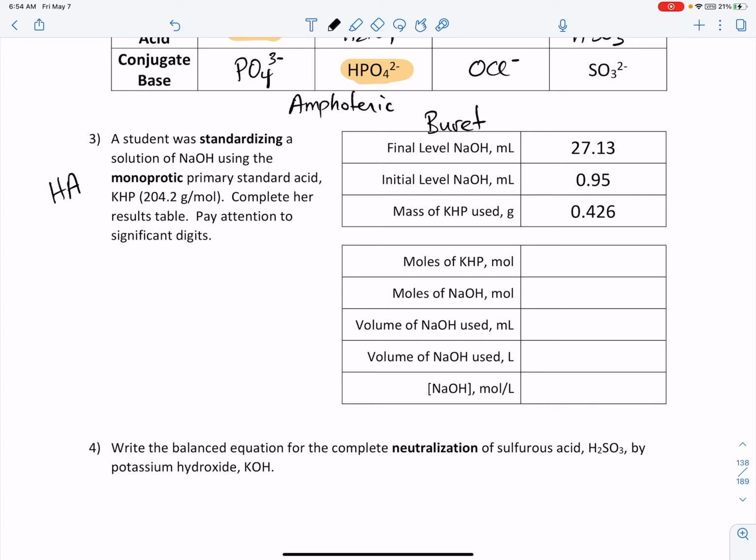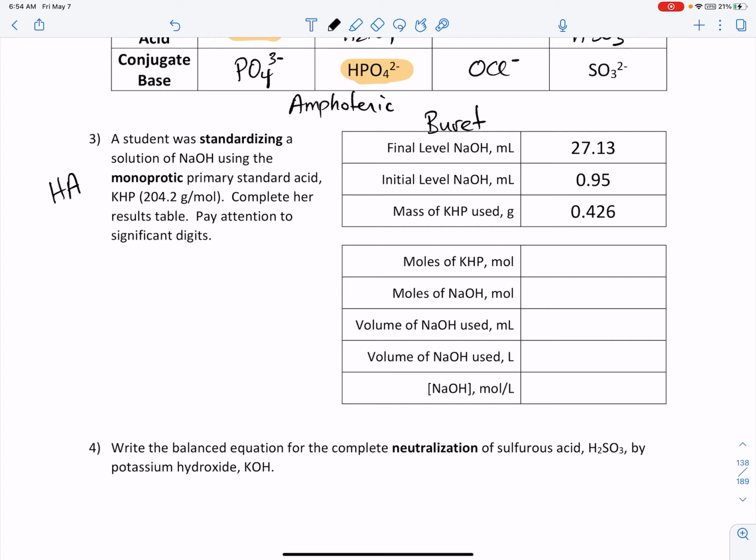In this case, we used 0.426 grams of the KHP, the monoprotic acid. As the base reacts with the acid, they're neutralized. We stop adding the base when the acid in the flask is exactly neutralized. It turns out here we stopped at 27.13 milliliters, the level of NaOH at the end.